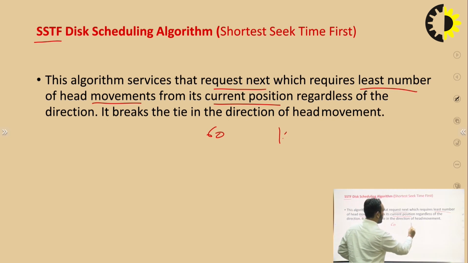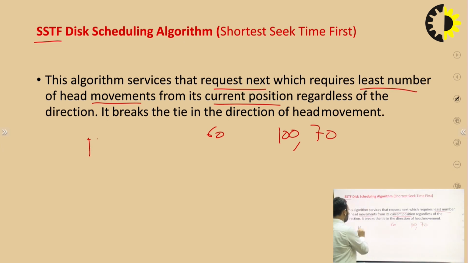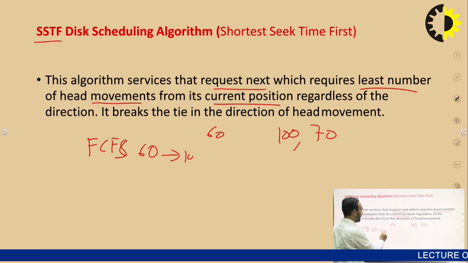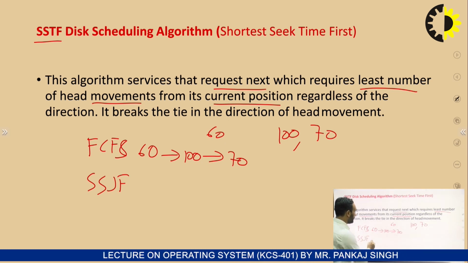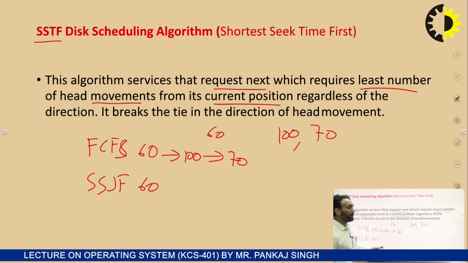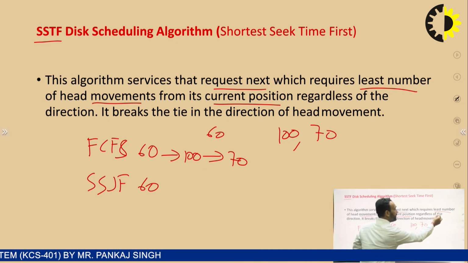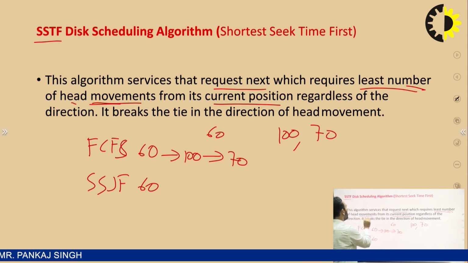that is 170. In FCFS, it will move 60 to 100 and then move to 70. But in shortest seek time first, as the name defines, the head will move to the minimum, or we can say the least number, or where there is the least movement of the head from one current location to another.